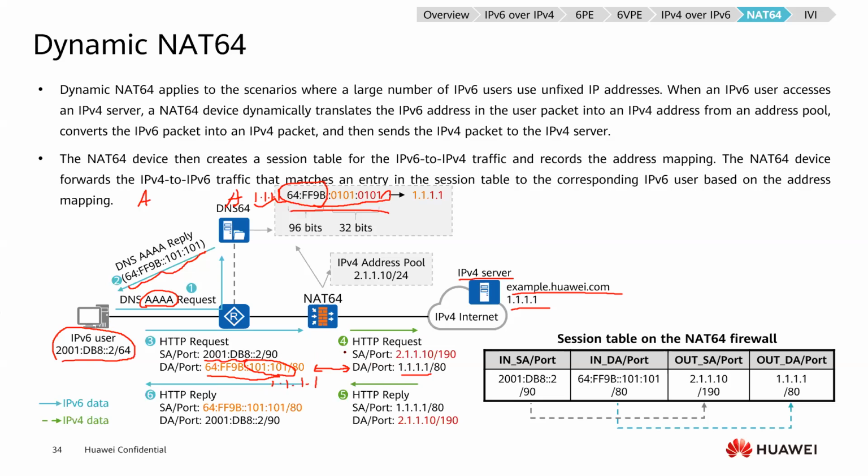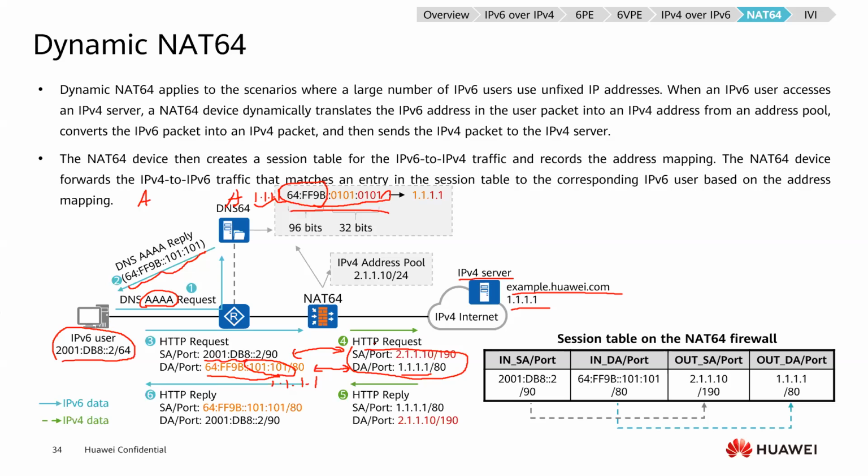And how about the source address? It is a dynamic translation, so it will use the address pool: it will find an IPv4 address in the pool to transform the source address. Then it gets an IPv4 packet.